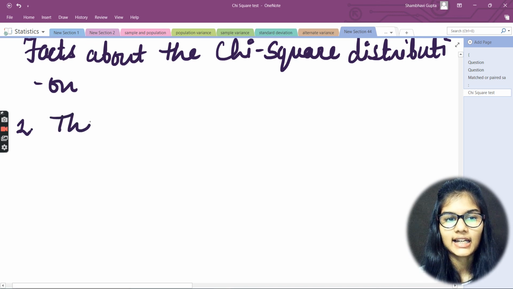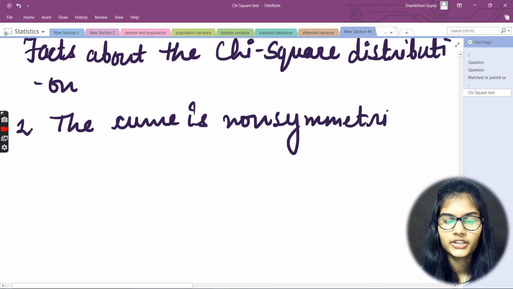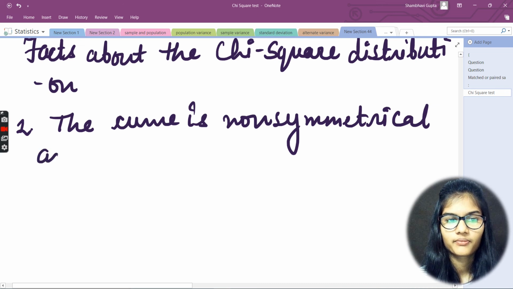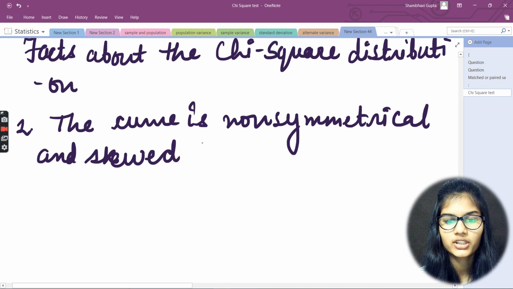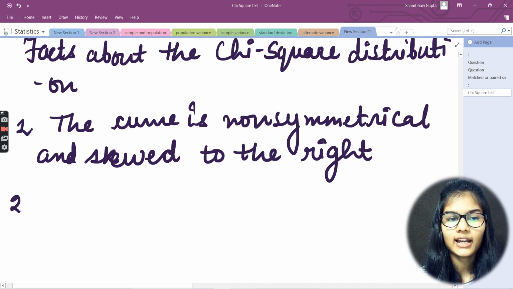The very first fact is that the curve which we have here is non-symmetrical and is skewed to the right. So the curve in the chi-square distribution is non-symmetrical, and it is skewed towards the right.